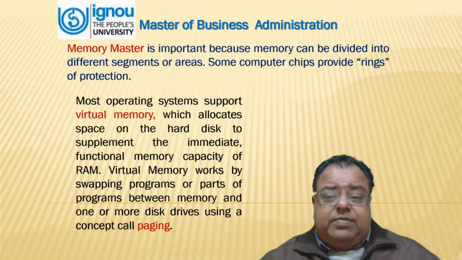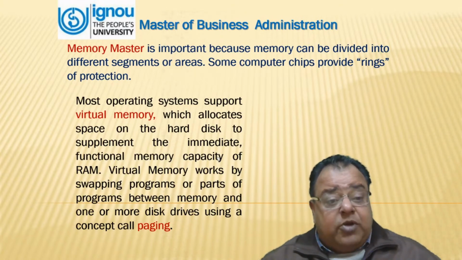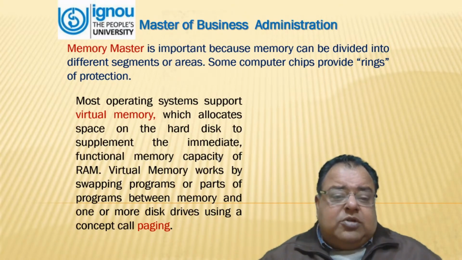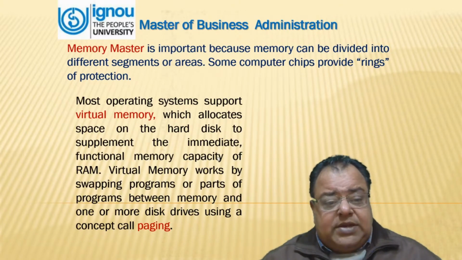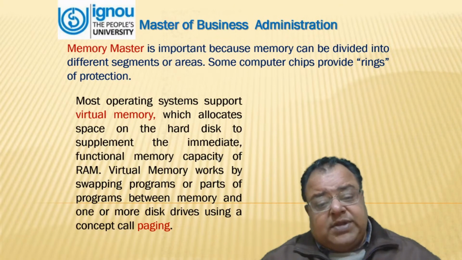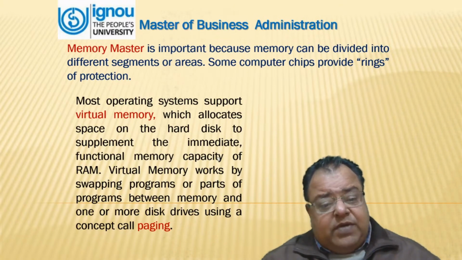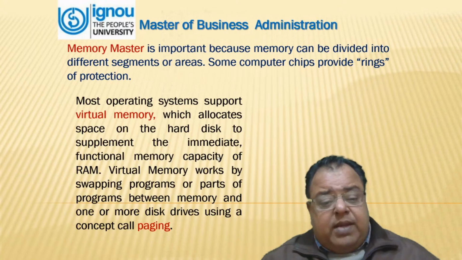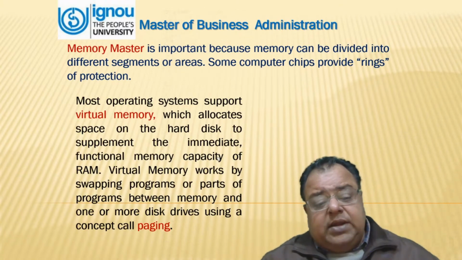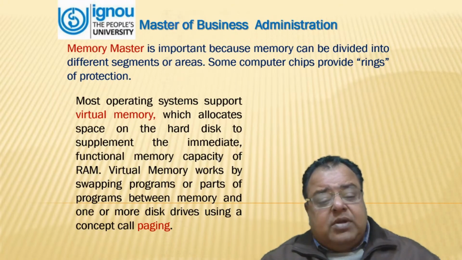Some computer chips provide rings of protection. Most operating systems support virtual memory, which allocates space on the hard disk to supplement the immediate functional memory capacity of RAM. Virtual memory works by swapping programs or parts of the program between the memory and one or more disk drives using a concept called paging.